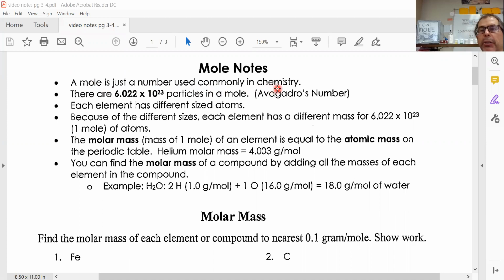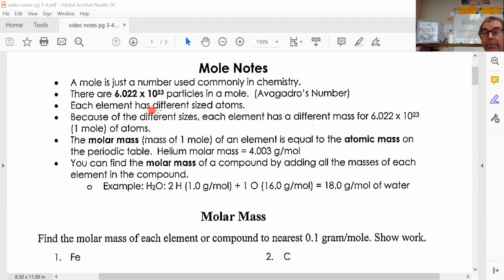So just like a pair is 2, a dozen is 12, a mole is 6 times 10 to the 23rd. If we're a little bit more precise with it, we could actually say 6.022 times 10 to the 23rd. We probably have it figured out to about 8 figures right now, but 6.02 times 10 to the 23rd is going to work well for us.